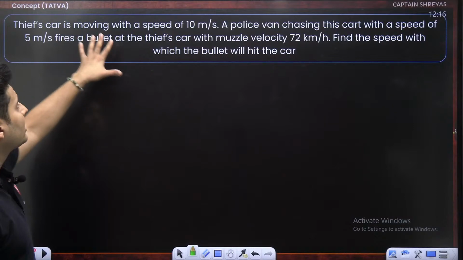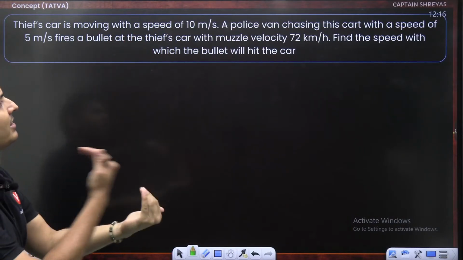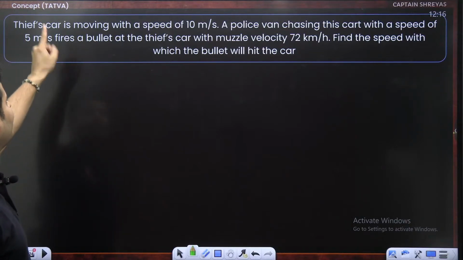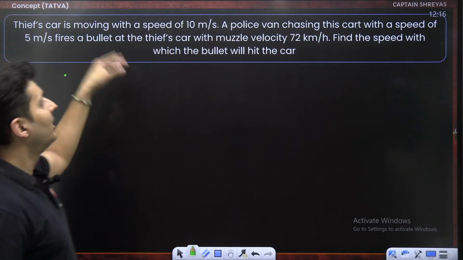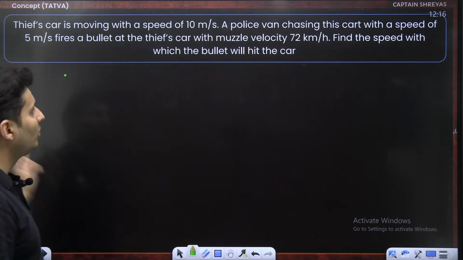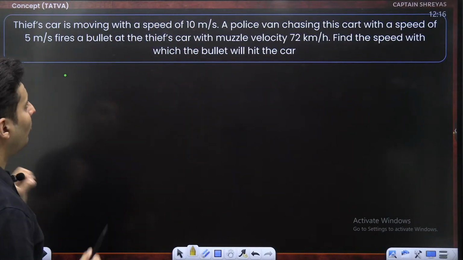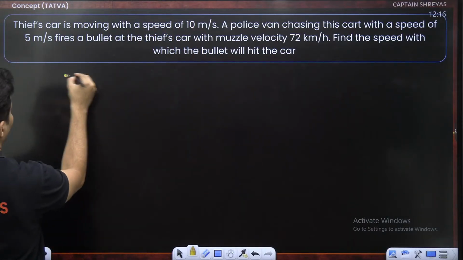A thief's car is moving with a speed of 10. A police van is chasing this car with a speed of 5, fires a bullet with a muzzle velocity of 72. Find the speed with which the bullet hits the car. Okay, let's visualize. A police van chasing at 5 meters per second.